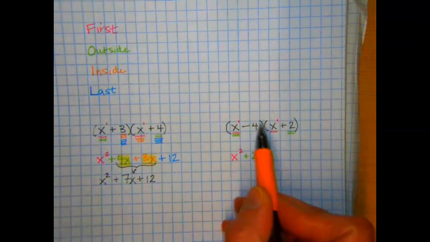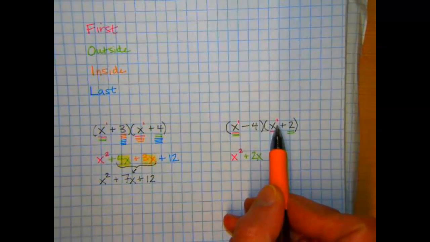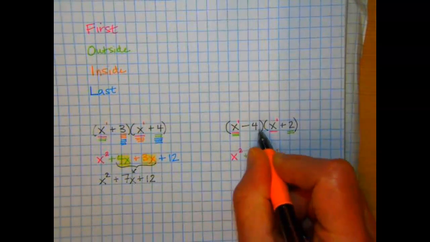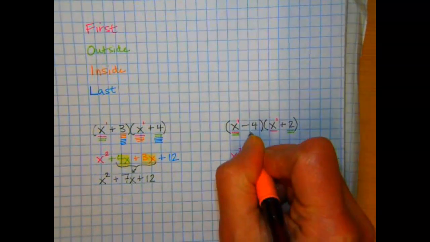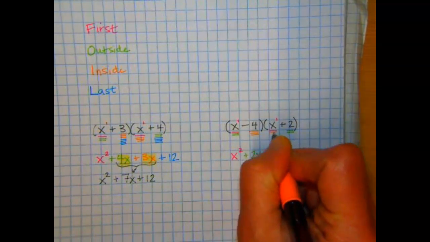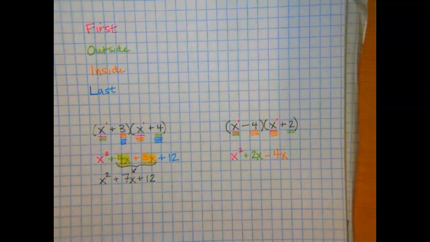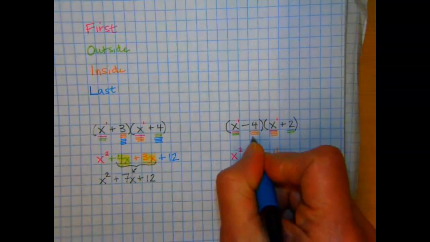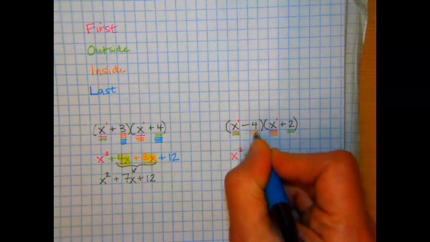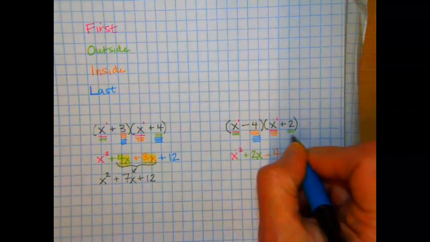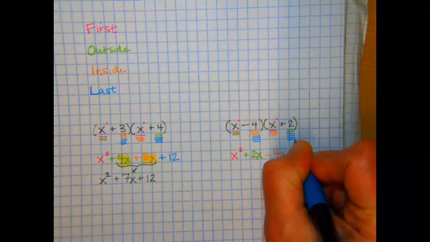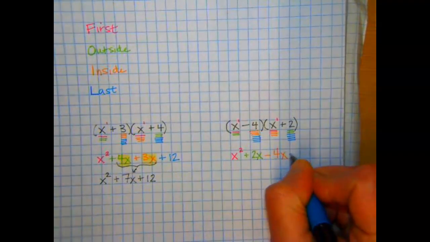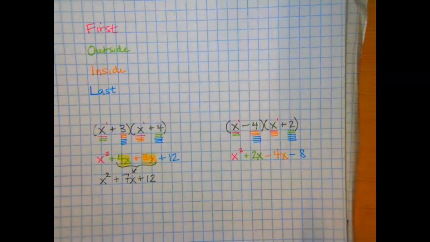Now for the inside, we're looking at the very inside part of the whole thing. Negative 4 times x gives us negative 4x. Finally, we have our last terms. The last one in the first set of parentheses and the last one in the second set, so negative 4 times 2 gives me a negative 8.